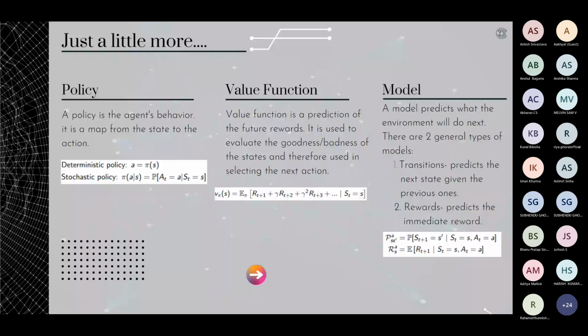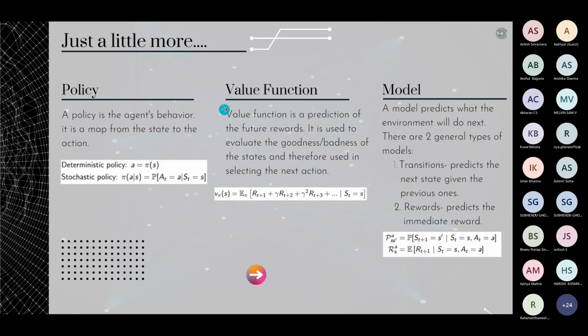A policy is denoted by pi. A deterministic policy is usually denoted as pi of s, meaning it is a function of the state, and a stochastic policy is denoted as pi of a given s, the probability of the action that you take in that particular state. So it is a probability function of the action for a particular state.